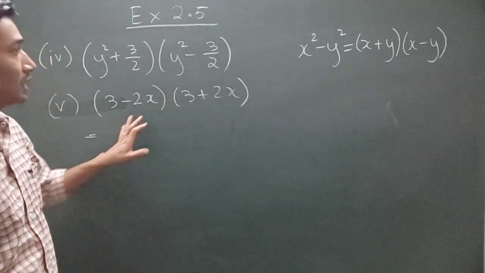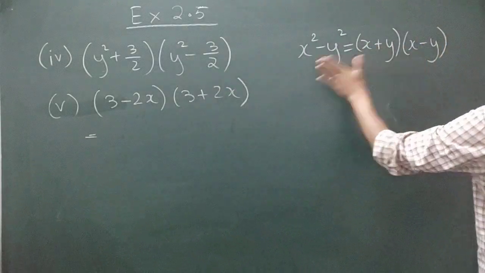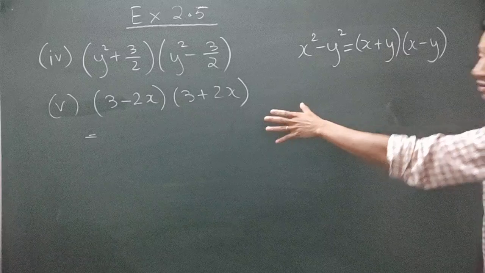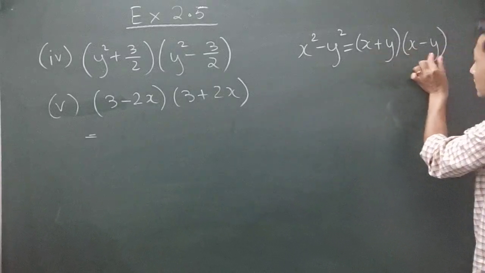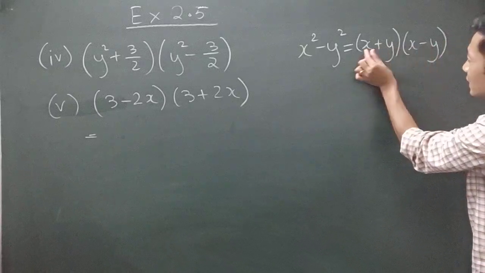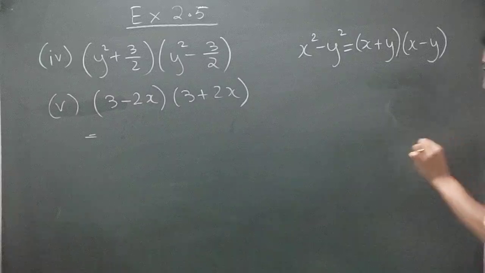Now you see, how do we identify these formulas? Either this or this, both sides we can use. The question given to us is of this format. x, y, everything is same, it's just that it is plus, minus. So it's like x plus y into x minus y. Can we compare here?